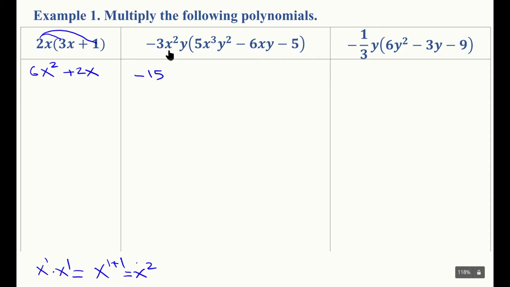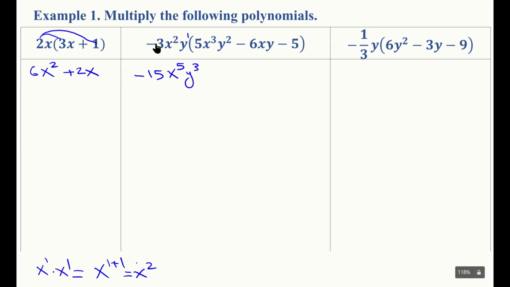Now the x squared times x cubed is going to give us x to the power of 2 plus 3, or x to the 5. And remember, there's an invisible 1 on that y, so when you multiply y and y squared, we're going to get y to the power of 1 plus 2, which is y cubed.